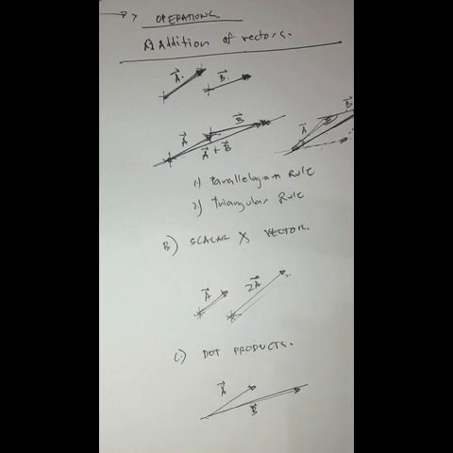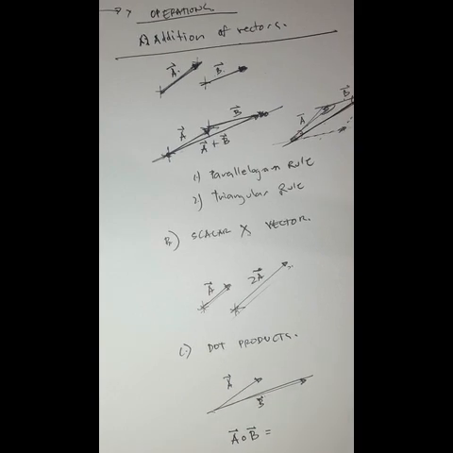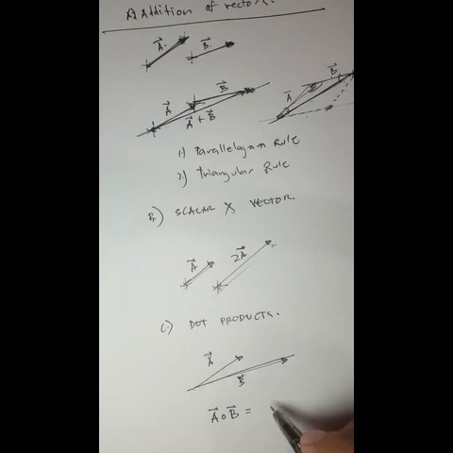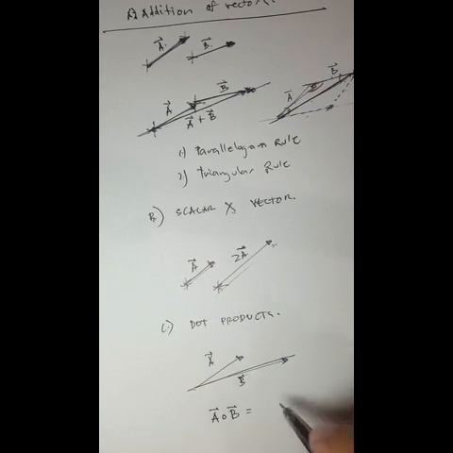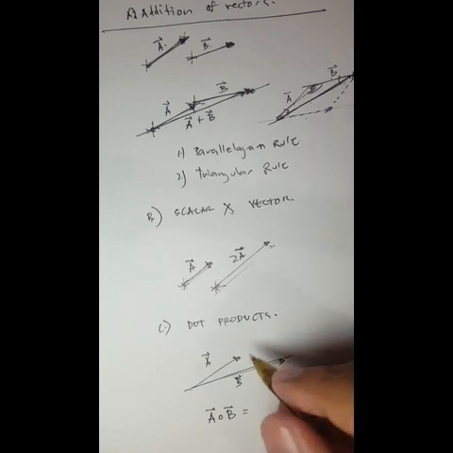So the vector product, or dot product, A dot B, is simply the sum of the products of their components. Recall that any vector can be represented in Cartesian form.